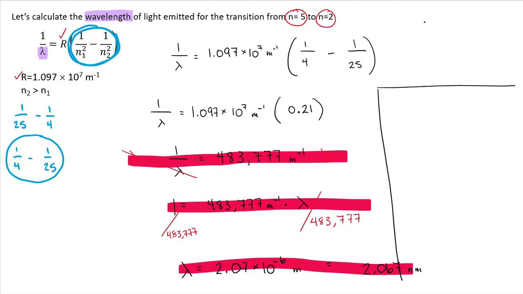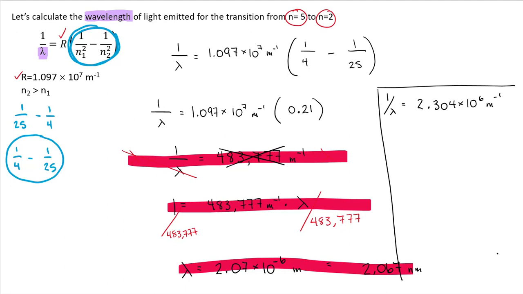I apologize, but again, it's because I have COVID. 1 over the wavelength is equal to 1.097 times 10 to the 7th times 0.21. Gives you 2.304 times 10 to the 6th meters to the minus 1. So you can see this number was super wrong. 1 over the wavelength is equal to that.